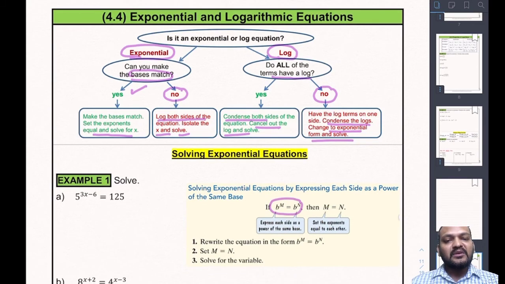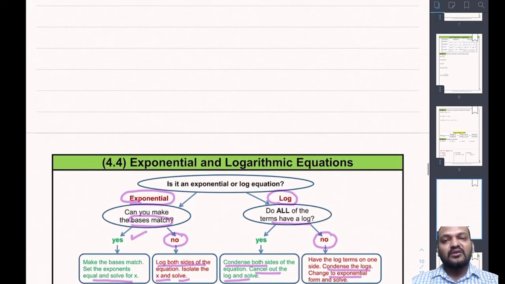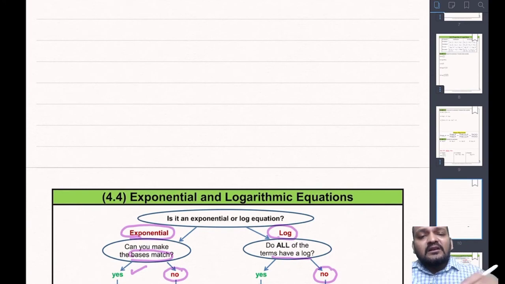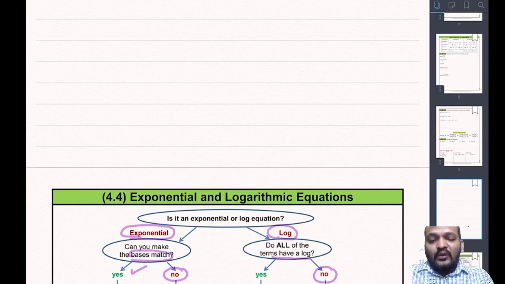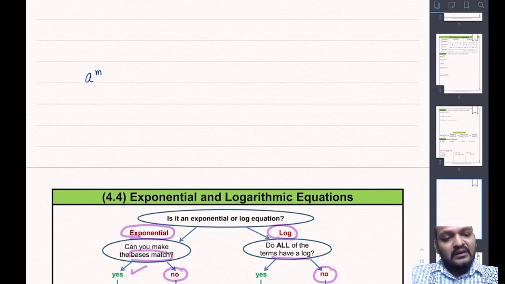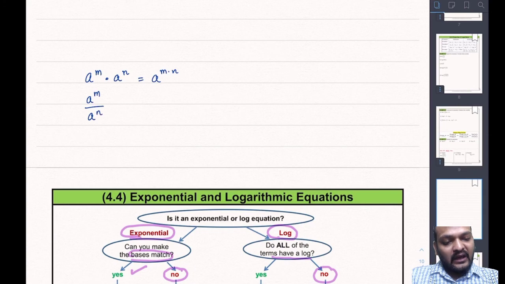But before I go, let me recollect a couple of formulas that might be useful for you, some exponential formulas and logarithmic formulas. If you recollect, we know that a to the m times a to the n equals a to the m plus n. A to the m over a to the n equals a to the m minus n.